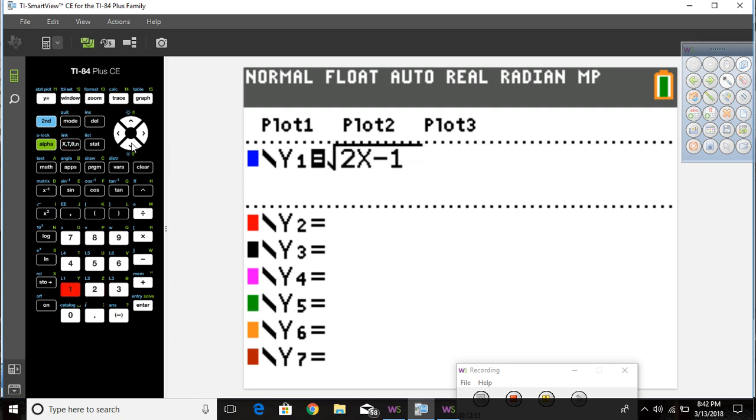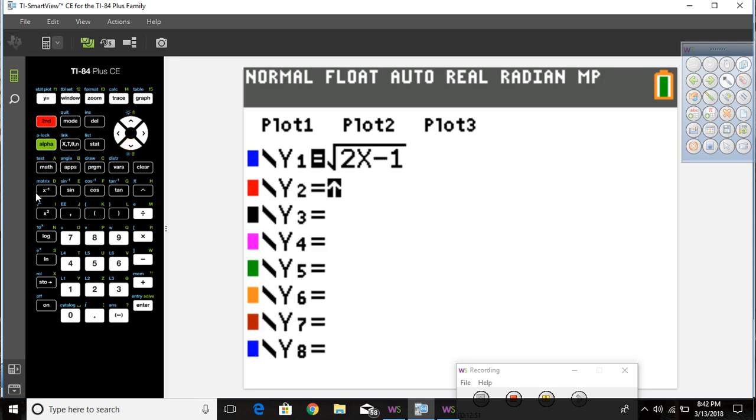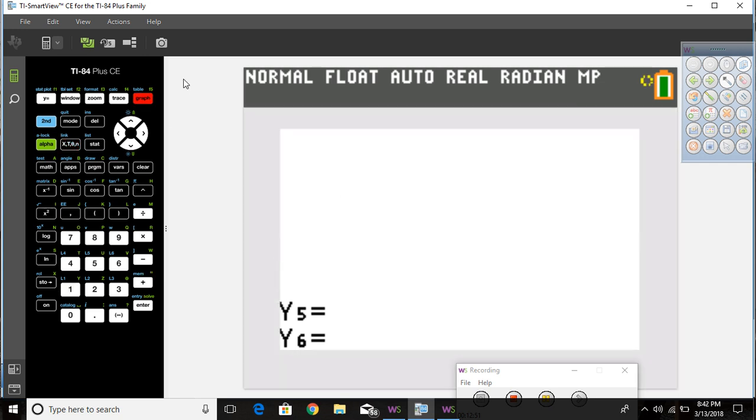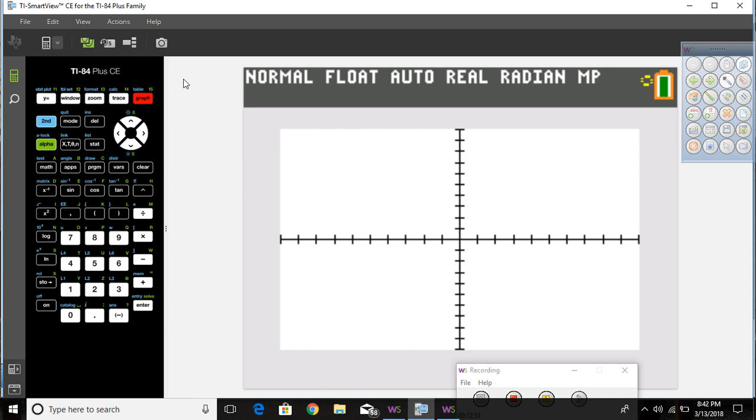On the other side, we've got the square root of x plus 4. And let's go ahead and graph those. So we want to know when they're equal. Alright, and when they're equal is where they cross right there.